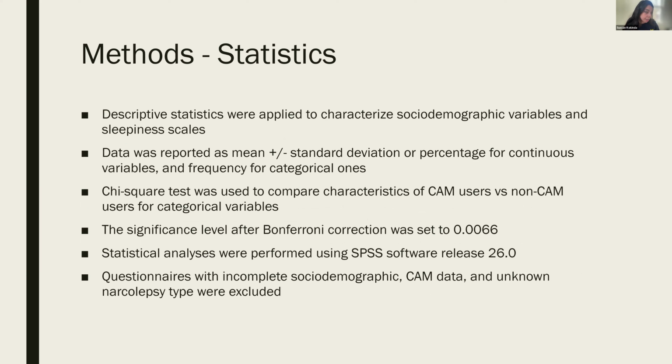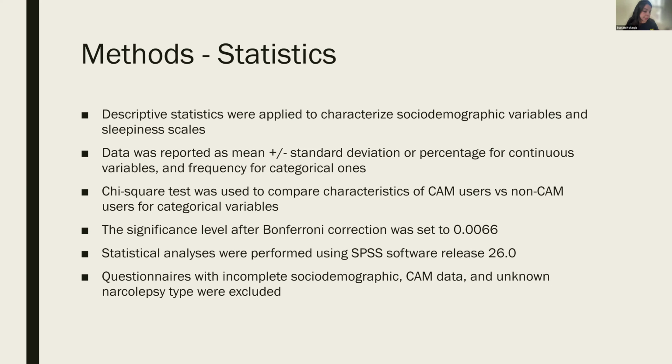They used a chi-square analysis to compare categorical variables. They did adjust their p-value since they were doing multiple comparisons, and so their adjusted p-value was 0.0066.